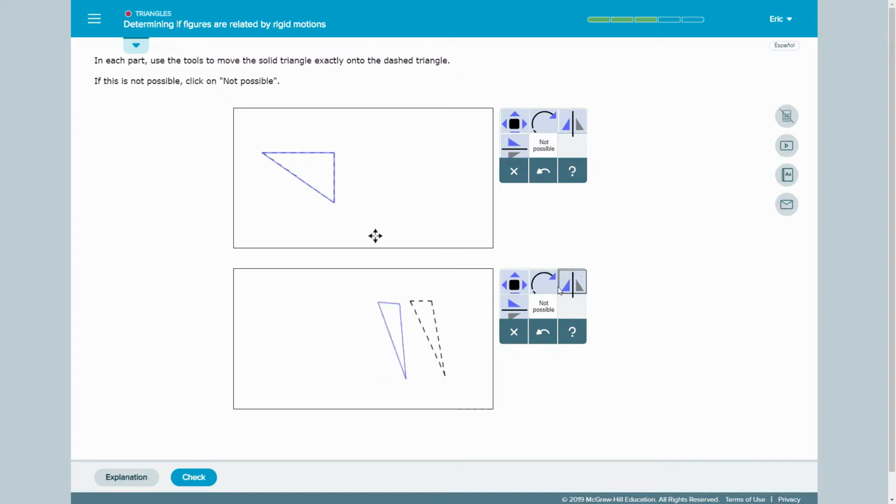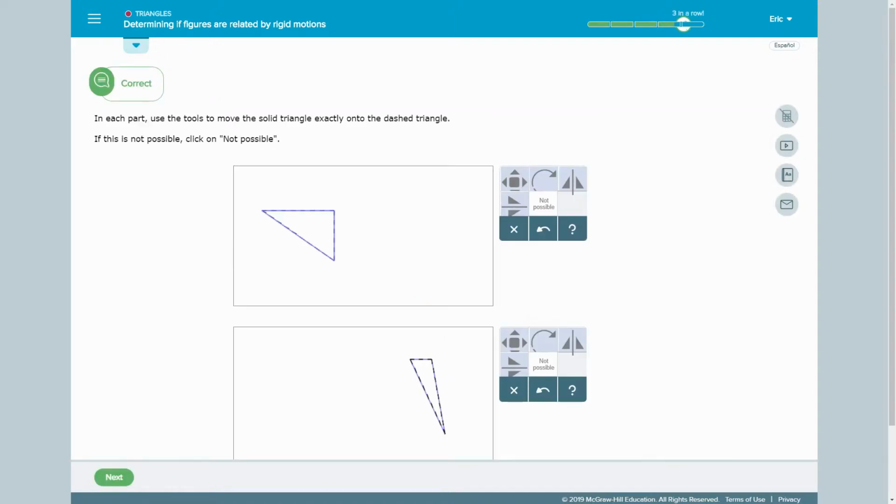Otherwise, if the shapes are the same size, it will be possible. So for example, that one I thought was not possible, but I just had to rotate it a tiny bit more and it fit like a glove, assuming the glove is your size. And that's it for this topic.